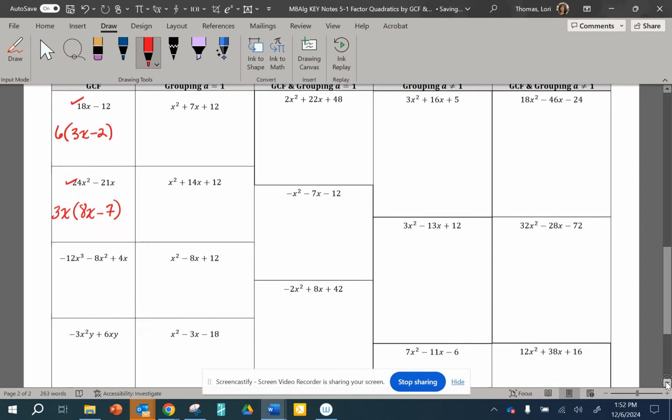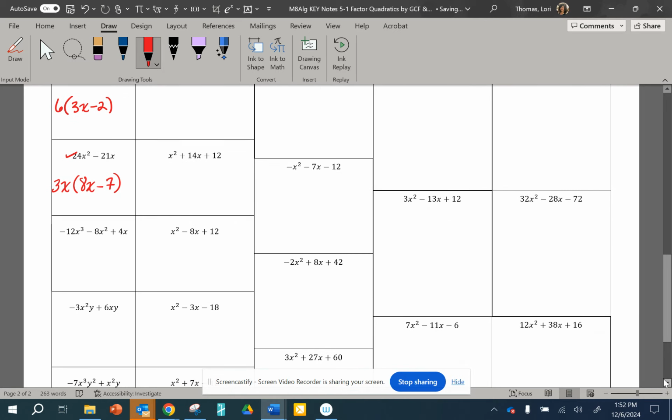Number 3, we have a trinomial. And remember that anytime your leading coefficient is negative, we must factor out the negative. So we can factor out a negative 4x. When I divide each of the terms by negative 4x, I'm left with 3x squared plus 2x minus 1.